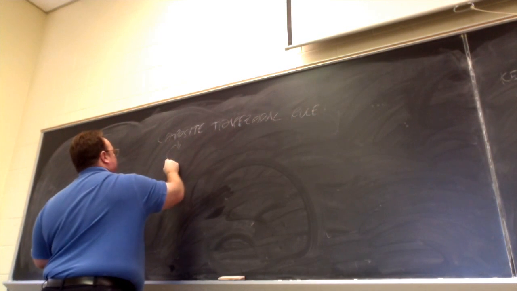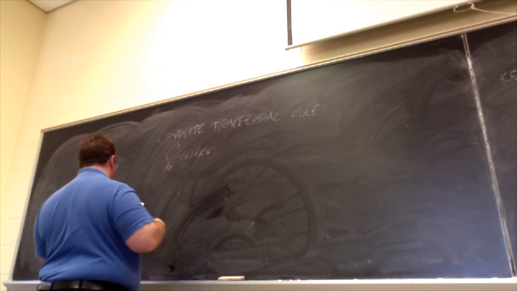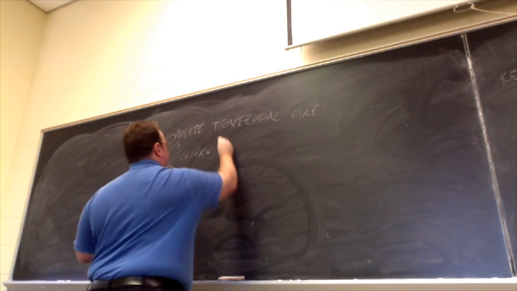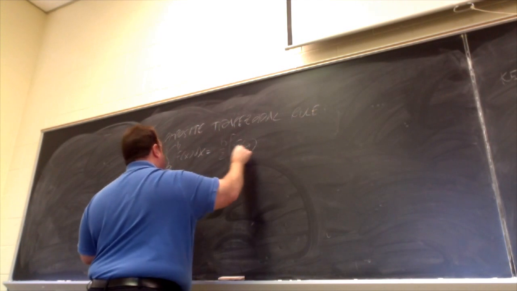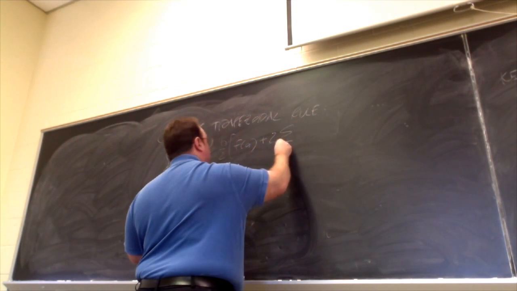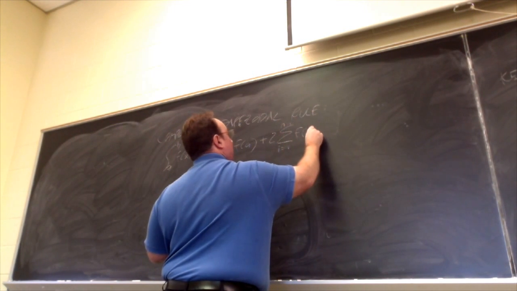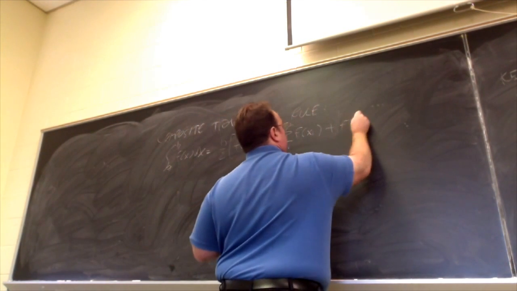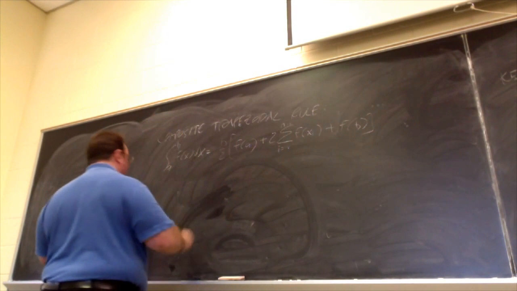So now I can stop using g's. All right. So the exact integral of f is equal to what you get from a composite trapezoidal rule. So all these interior values are multiplied by 2, and then the boundary values are not. Okay, that's the approximation.